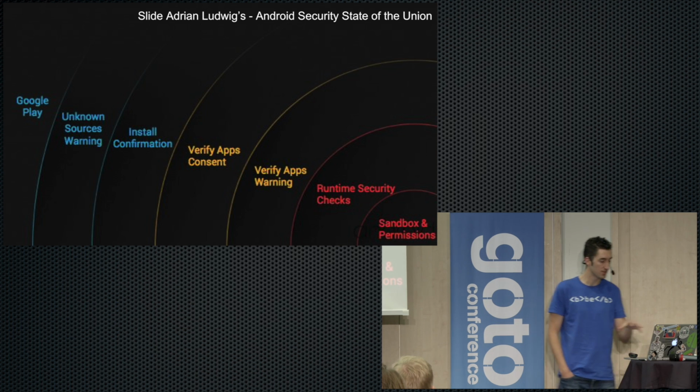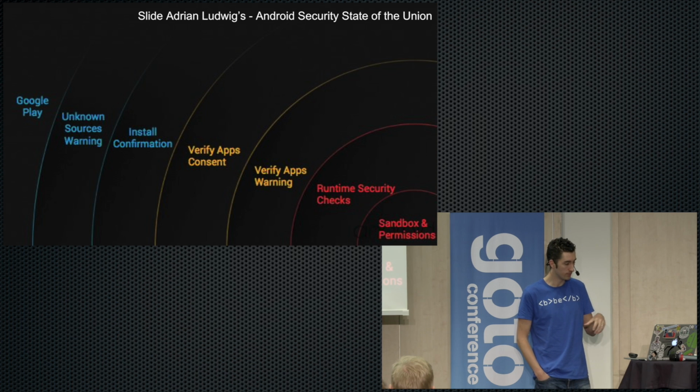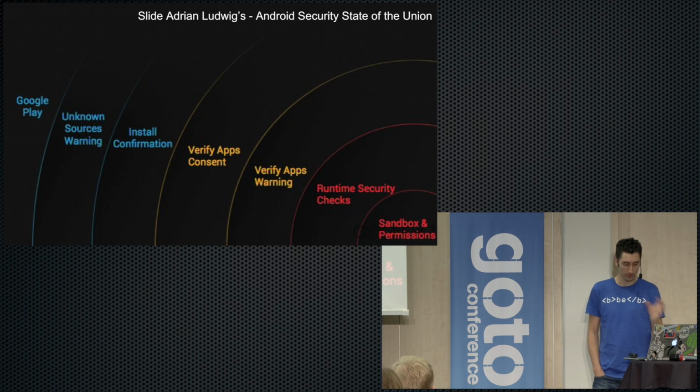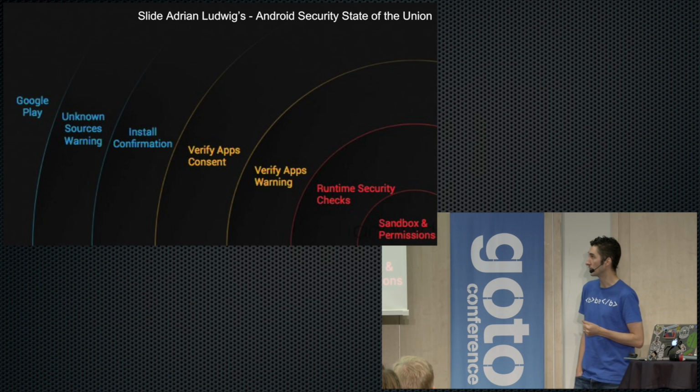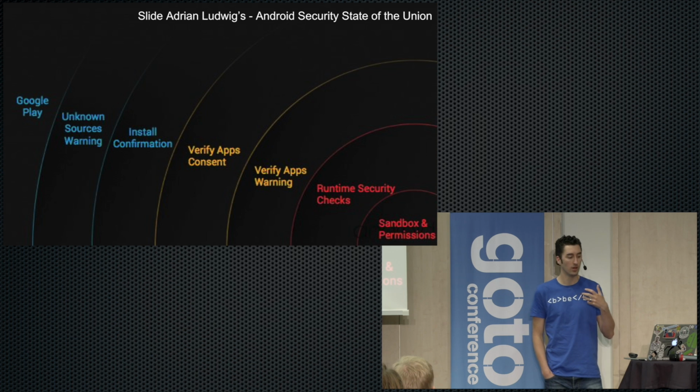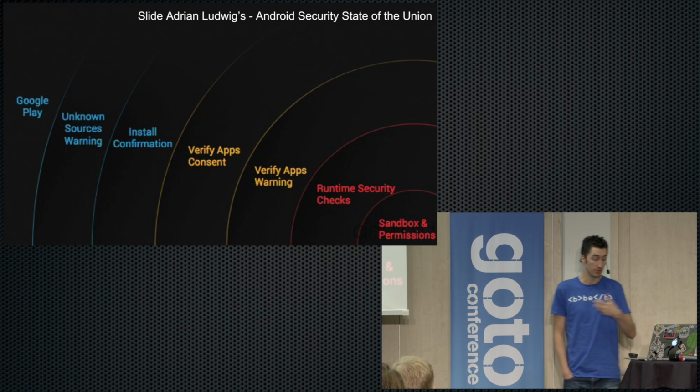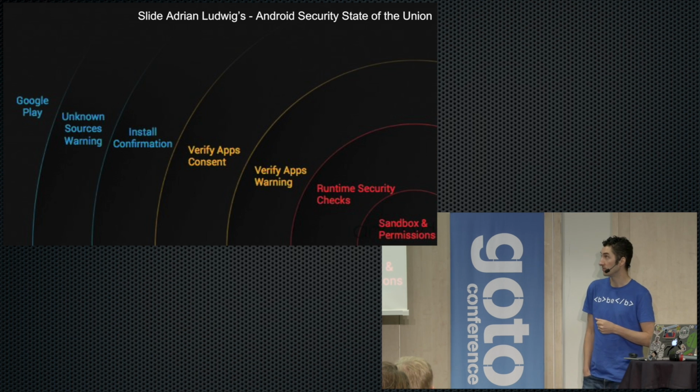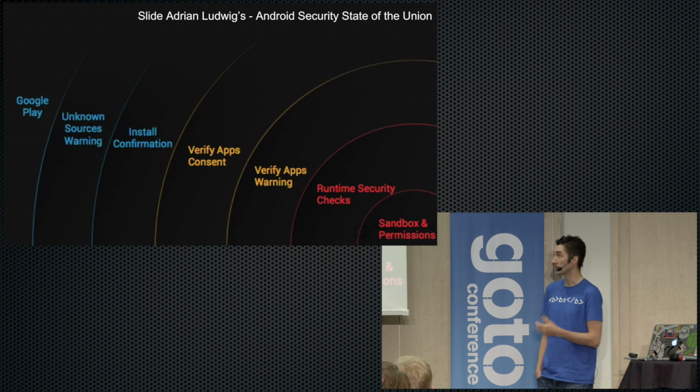I just wanted to draw attention to the verified apps section, which came into Android in 4.2, which was a way for Google to monitor apps and detect potential malware when users were installing applications not from the Google Play Store.